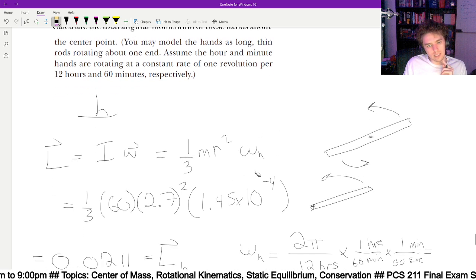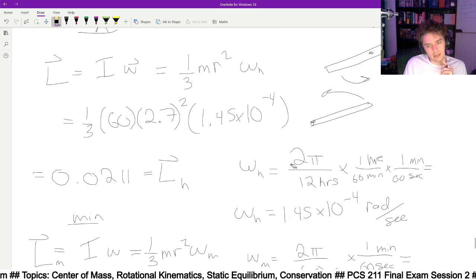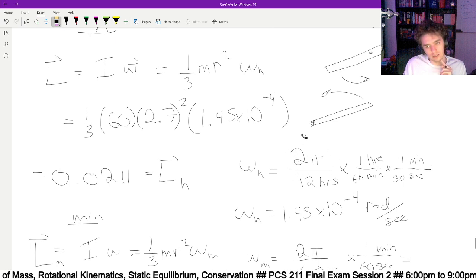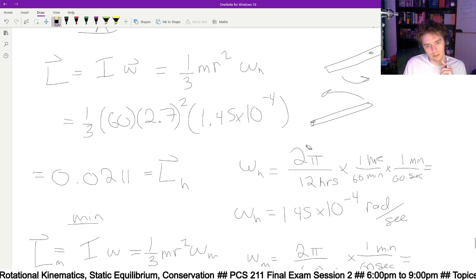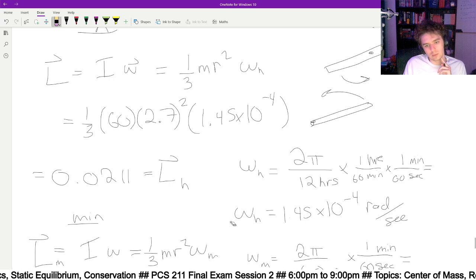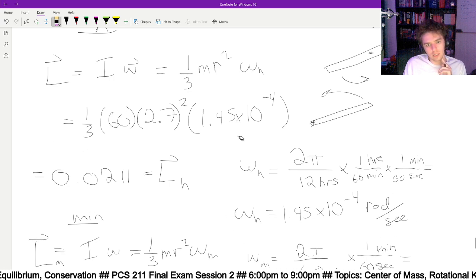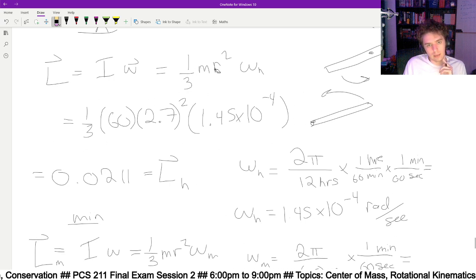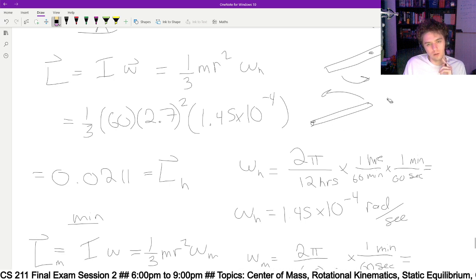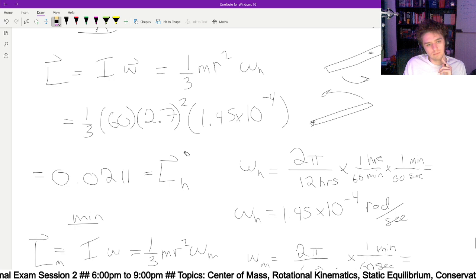The angular velocity of the hour hand, well, we calculated that here. It does 2 pi, a full revolution, per 12 hours. So that's an angular velocity, right? Theta per time. So I just converted that into radians per second and then plugged it all into this formula. I knew m and r from the question. R is just the radius, the length of the pole, and m was 60.